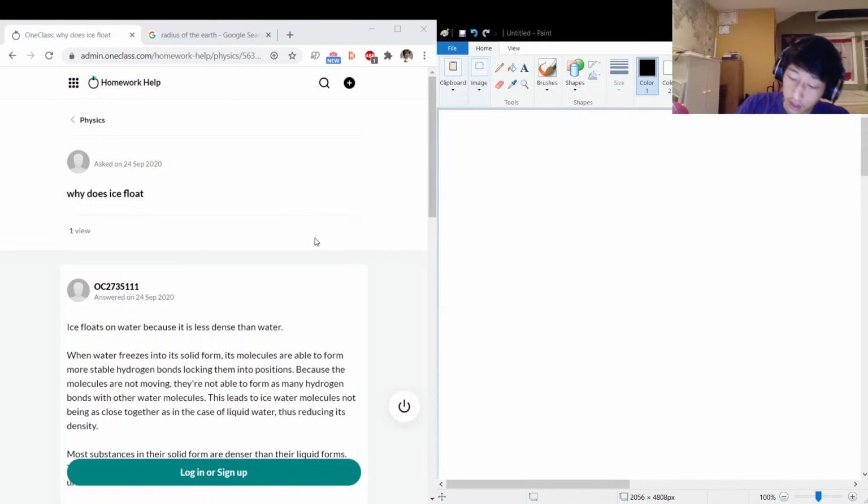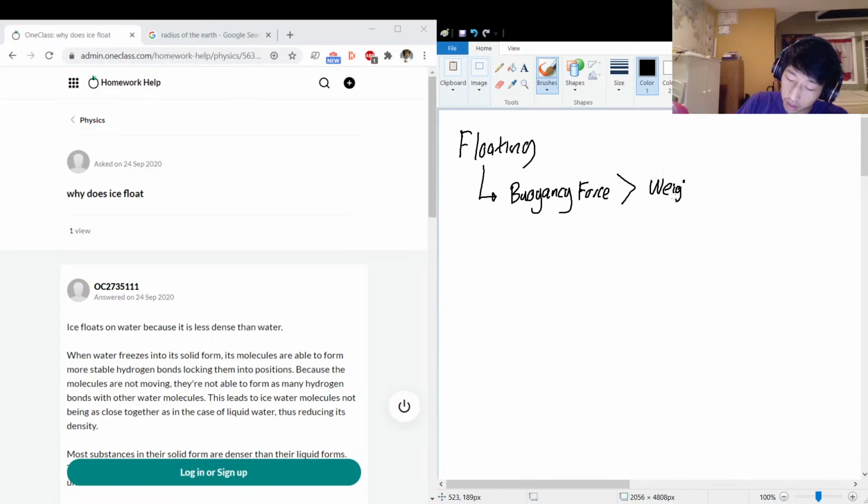Things float when the buoyancy force is greater than the gravitational force. Buoyancy force is greater than weight force.